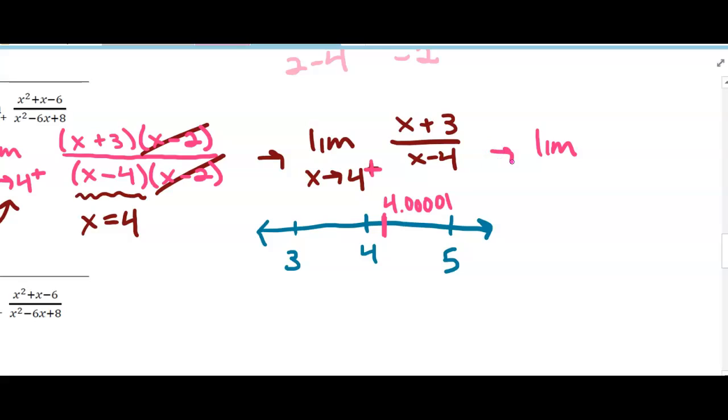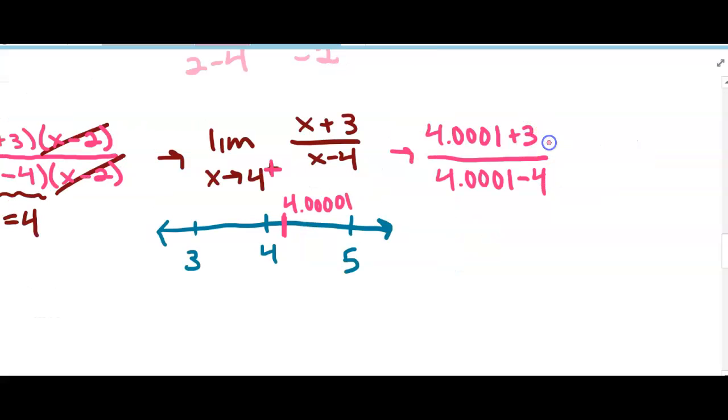When I have the limit as x approaches 4 from the right and I plug that in, I'm going to get 4.0001 plus 3 all over 4.0001 minus 4. When I evaluate that, in my numerator it's like 7-ish, very, very close to 7 but not exactly.